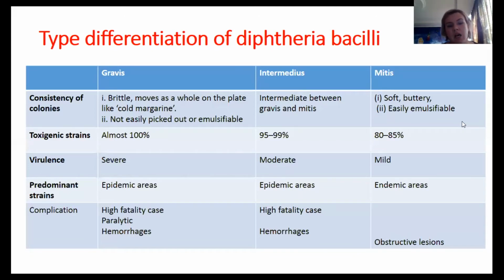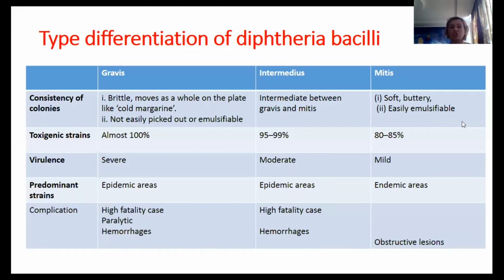Predominant strains: we detect gravis and intermedius in epidemic areas. It means that not only 1 or 2 persons can be infected by these strains, but a large group of people. Mitis we can detect in sporadic cases.